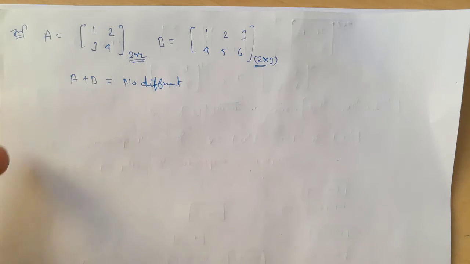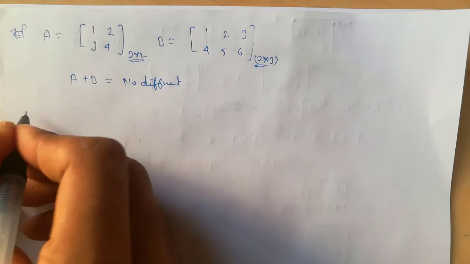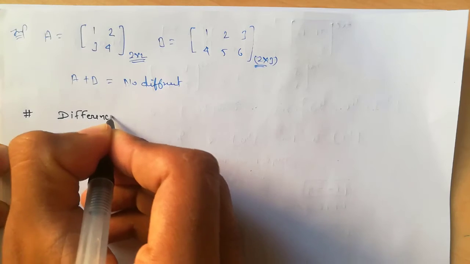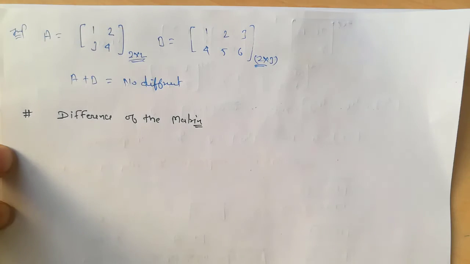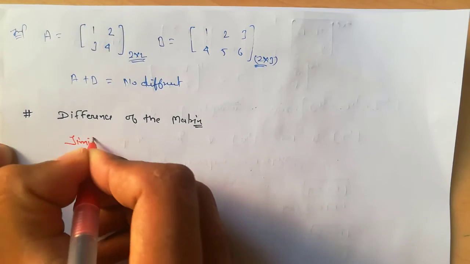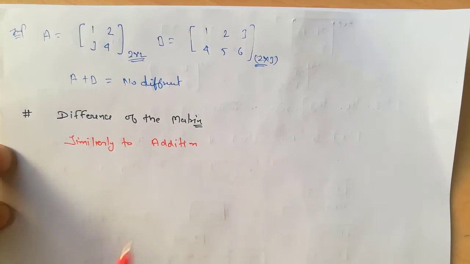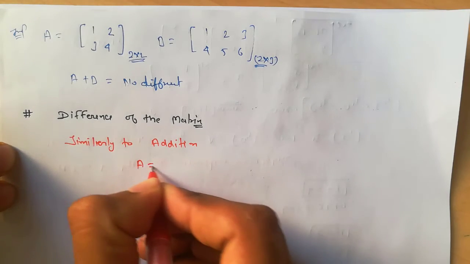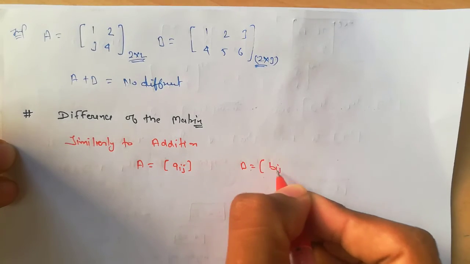Now for the subtraction or difference of matrices. Similarly to addition, we can subtract matrices. Here, for example, matrix A equals Aij and matrix B equals Bij.